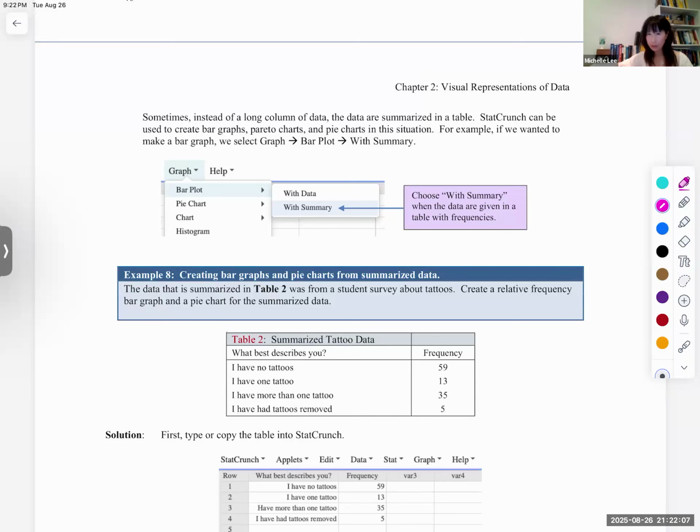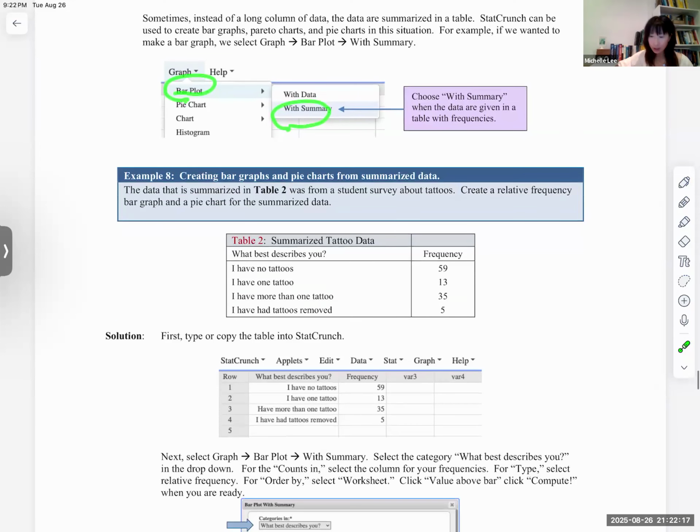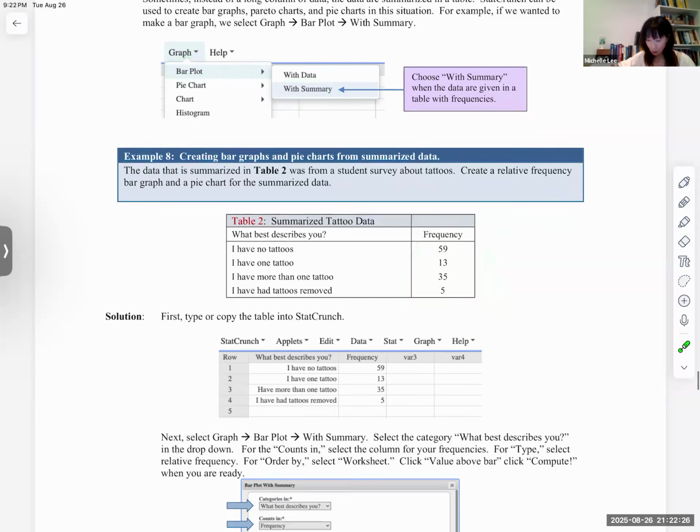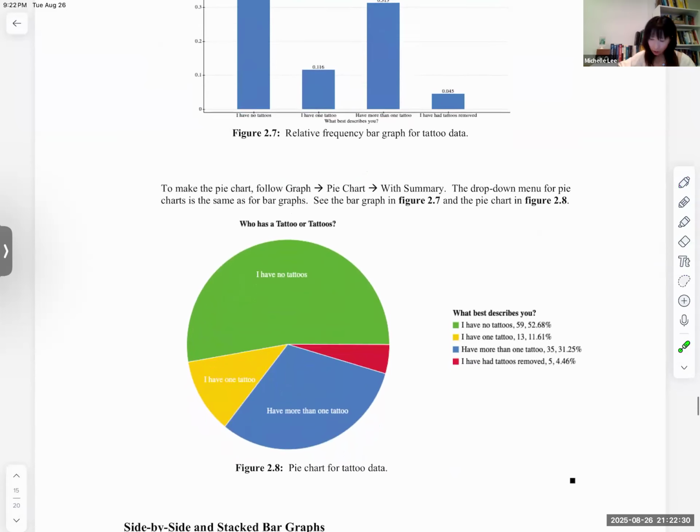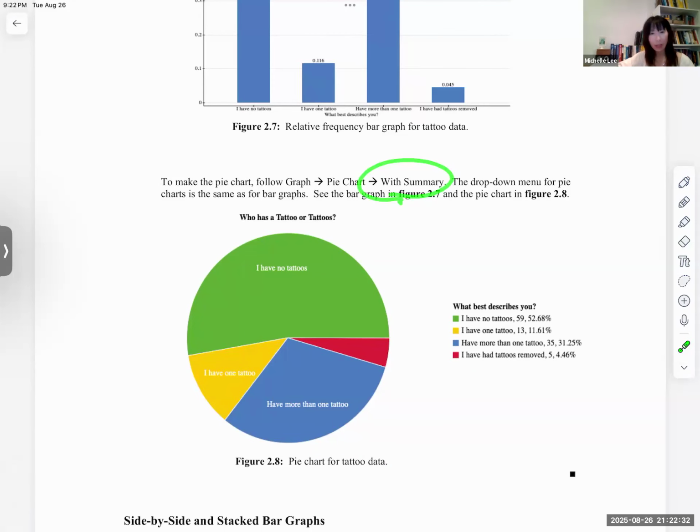They organize it as a frequency, right? Then how do you do it? Bar graph, bar chart, we can use this with a summary. And here it is already organized as frequencies, right? So with a summary, we can use that. Also pie chart, with a summary, we can use that. All right.